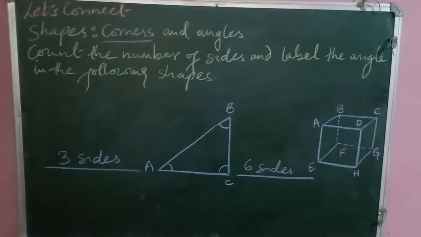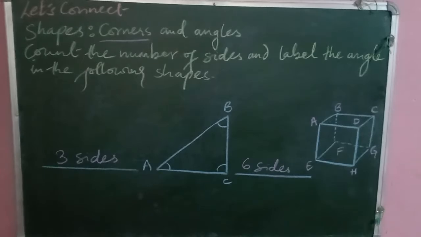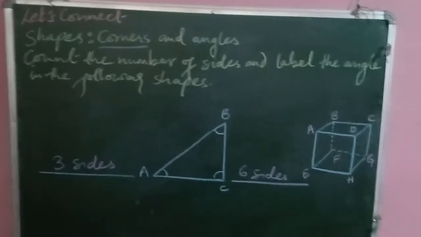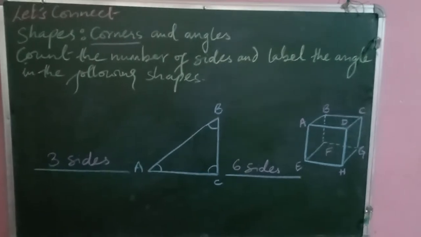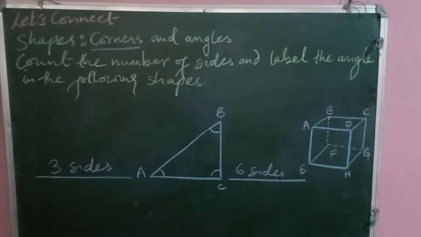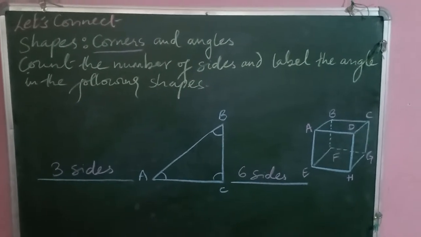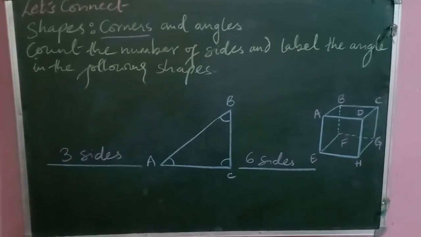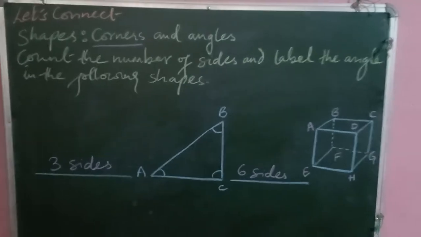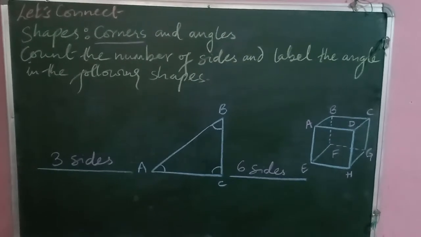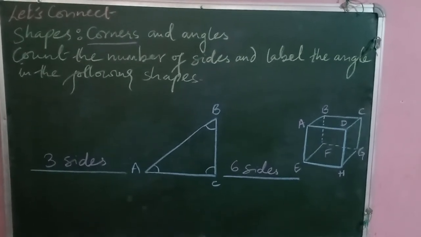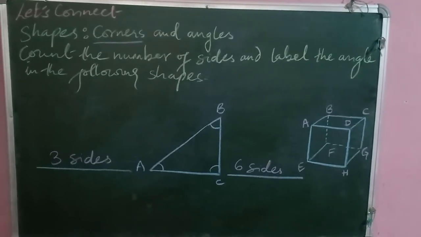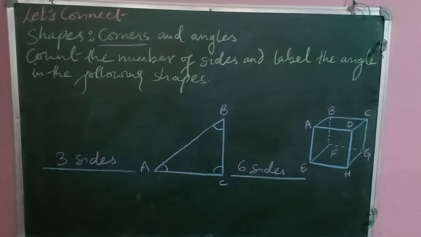For figure 1, or we can say the left hand side, they have 3 sides A, B and C. And for figure B, we have 6 sides. So your home assignment is to find the number of angles in both the diagrams. That will be your home assignment.